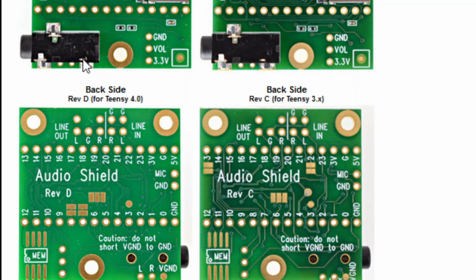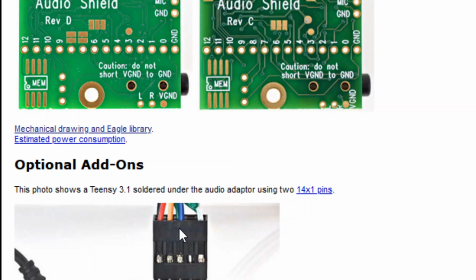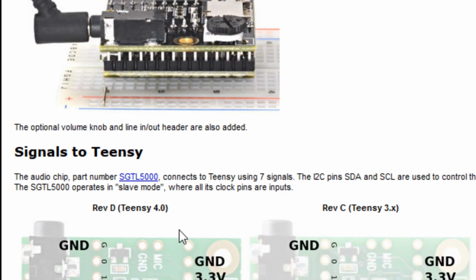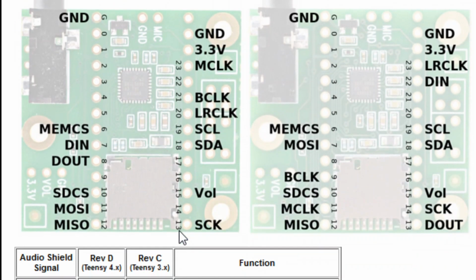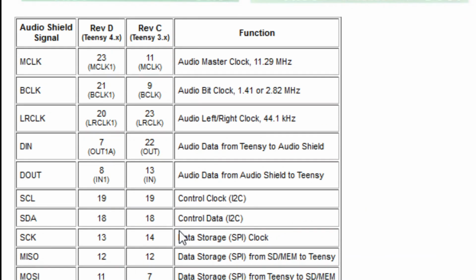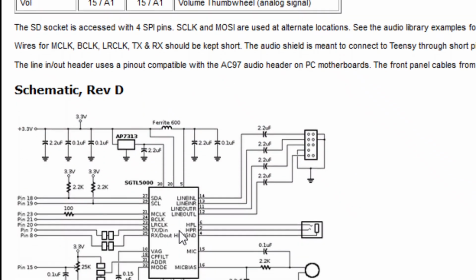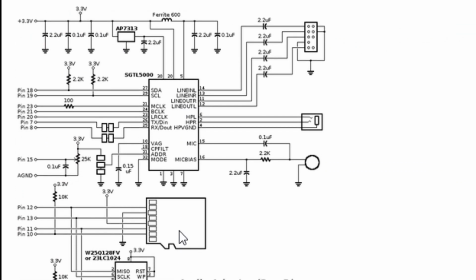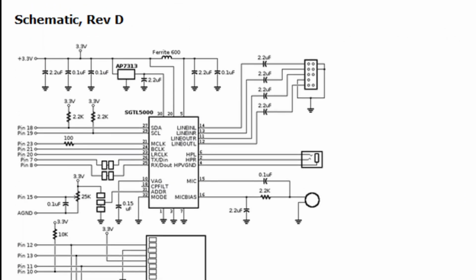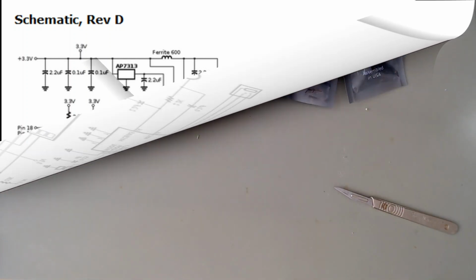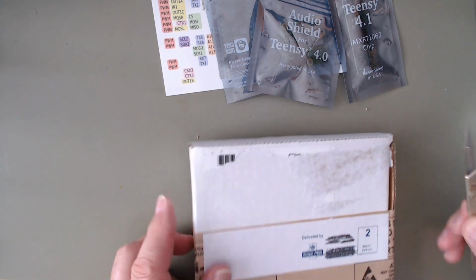There is a headphone socket, and there are pins to connect to a microphone. There's basically the pins for the pinouts on it. This is all on the website. As you can see, it just filters the supply a bit. It's a SGTL5000 chip. And the next one.